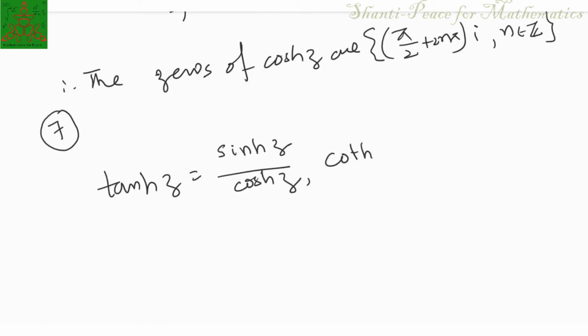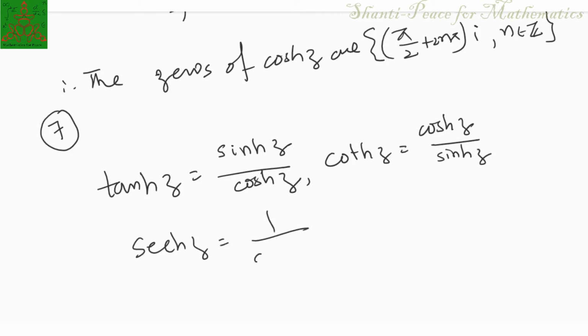Cot hyperbolic of z is defined as cos hyperbolic of z upon sine hyperbolic of z. Sec hyperbolic of z is defined as 1 upon cos hyperbolic of z, and cosec hyperbolic of z is defined as 1 upon sine hyperbolic of z.